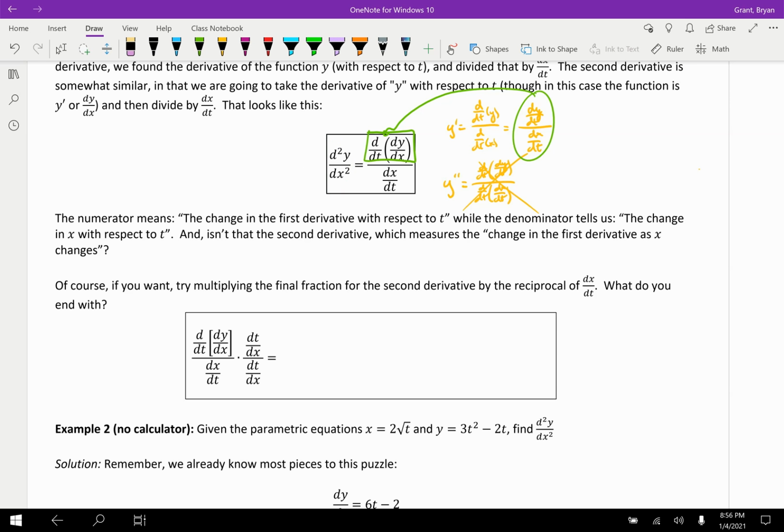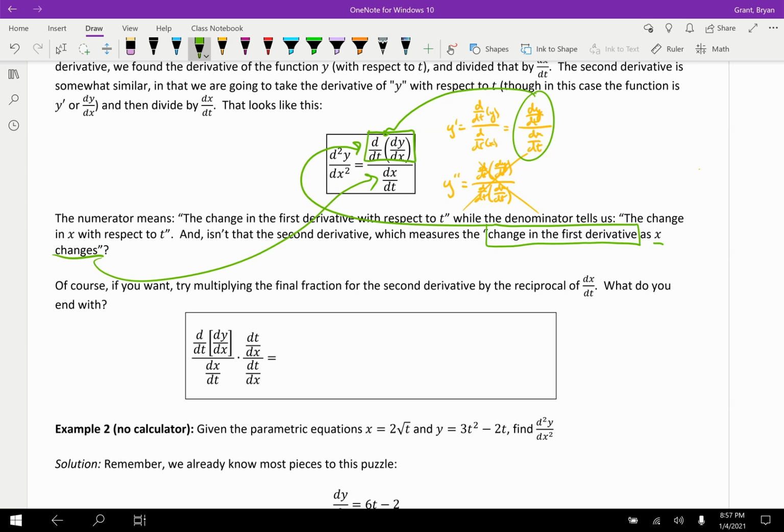So what we need to do is also have the denominator which tells us the change in x with respect to t. And isn't that the second derivative, which measures the change in the first derivative as x changes? And again, conceptually, a little bit tricky.